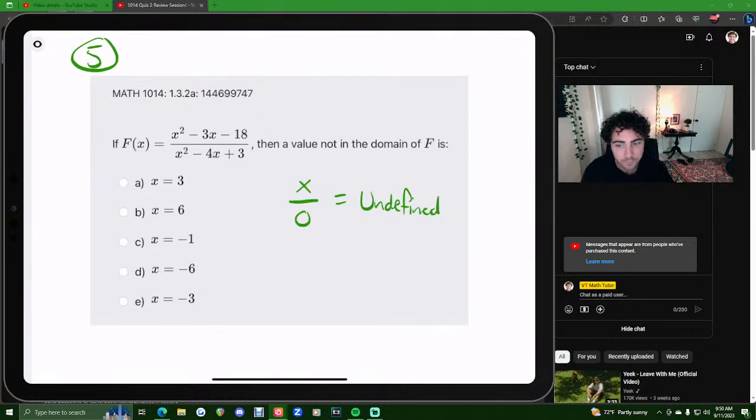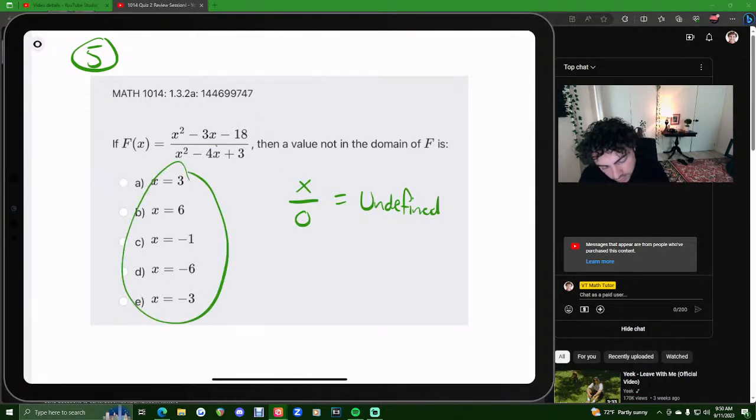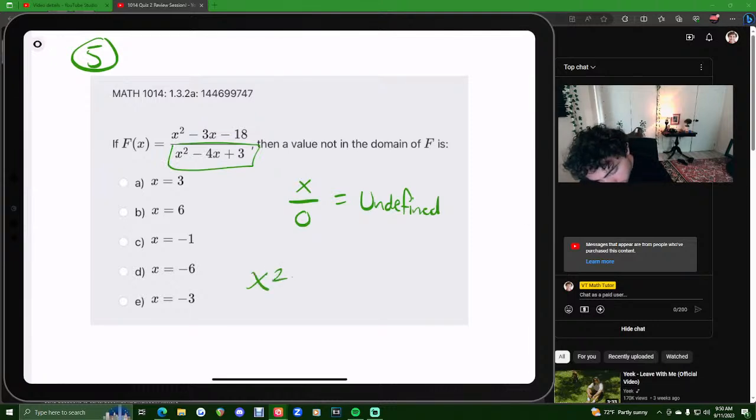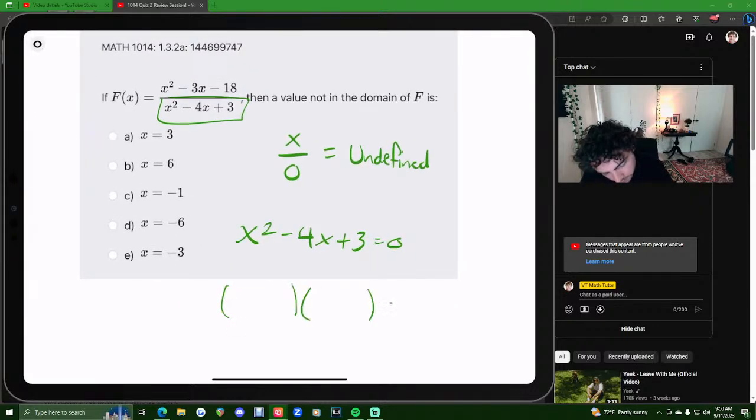Okay, so 2 approaches. We could plug and chug these into the denominator to see which one makes the denominator 0, or I'm going to go the factoring route. I'm going to set the denominator equal to 0 and factor it. So just to show you how that looks, we set the denominator equal to 0, and we're factoring.